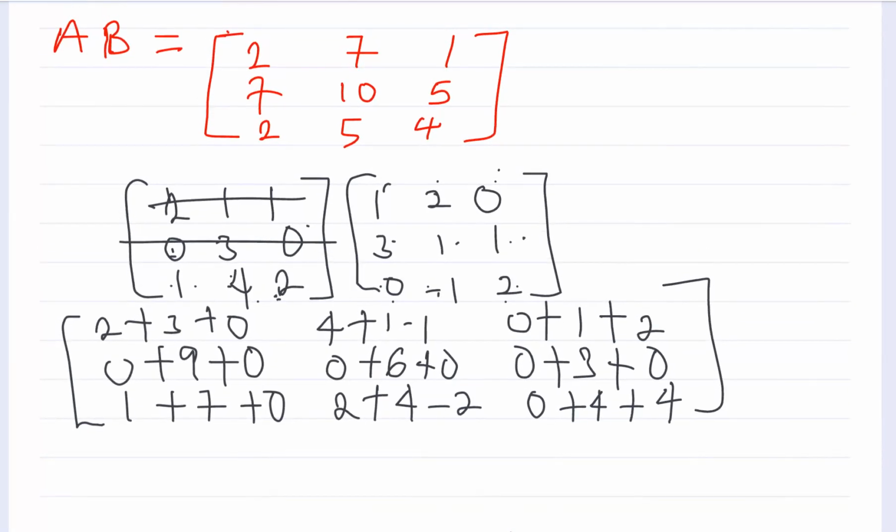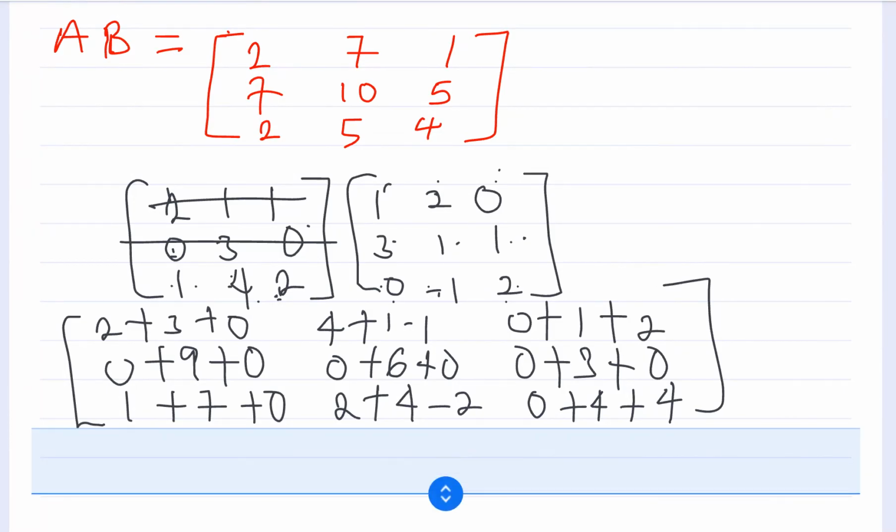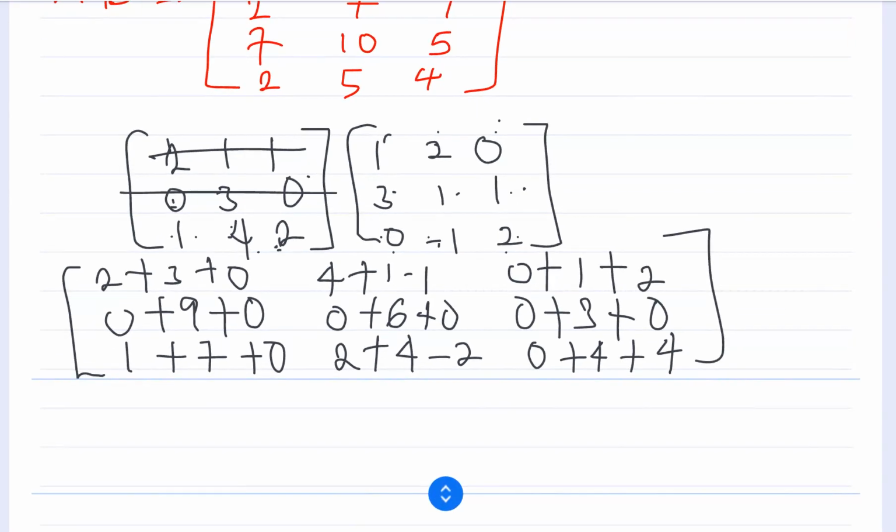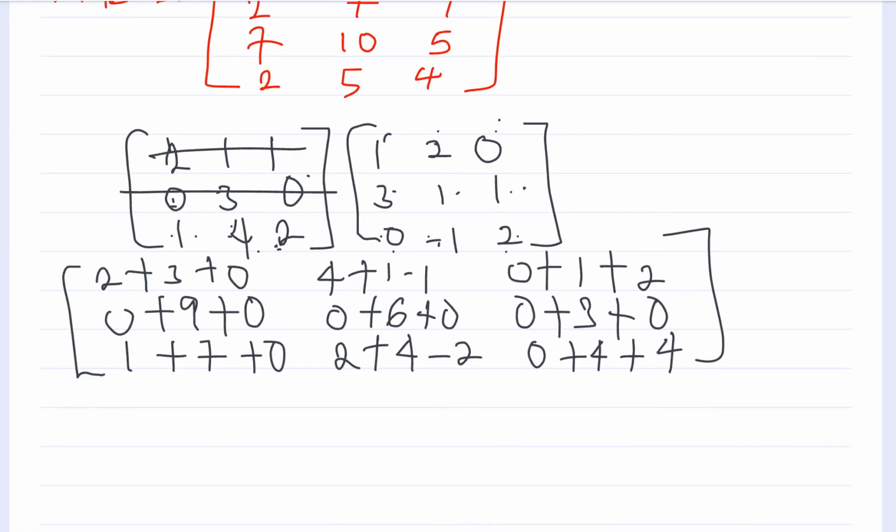Okay, let me put this here. So this will give us 5, right? This will be 5, this will be 4, and this is 2. I'm adding together now. This is 9, this is 6, this is 6, and this is 3.